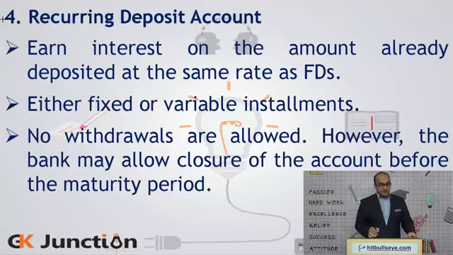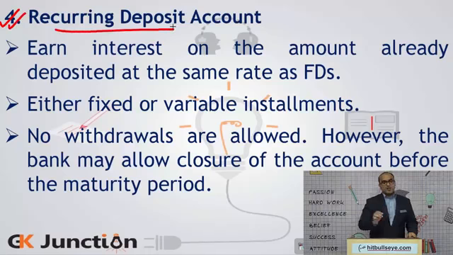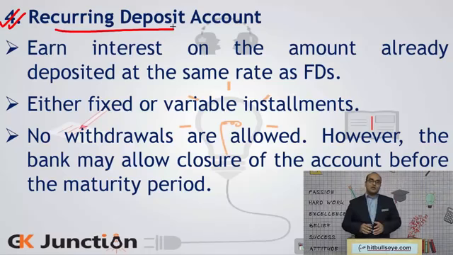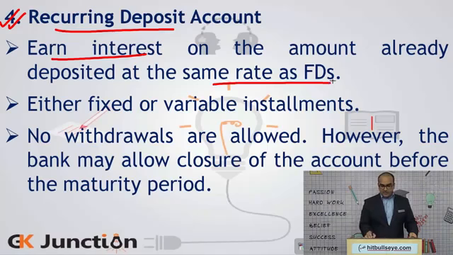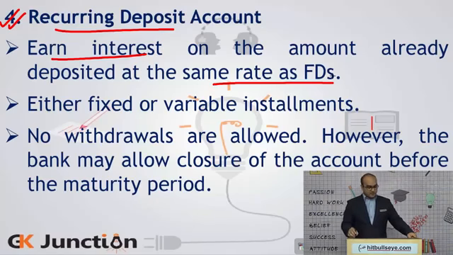Next type of account is the recurring deposit account. In this particular account, you have to make a deposit after a fixed interval of time. So let us say you put in 1000 rupees every month or 4000 rupees every quarter. The interest rate that you earn on a recurring deposit account is the same as a fixed deposit account.